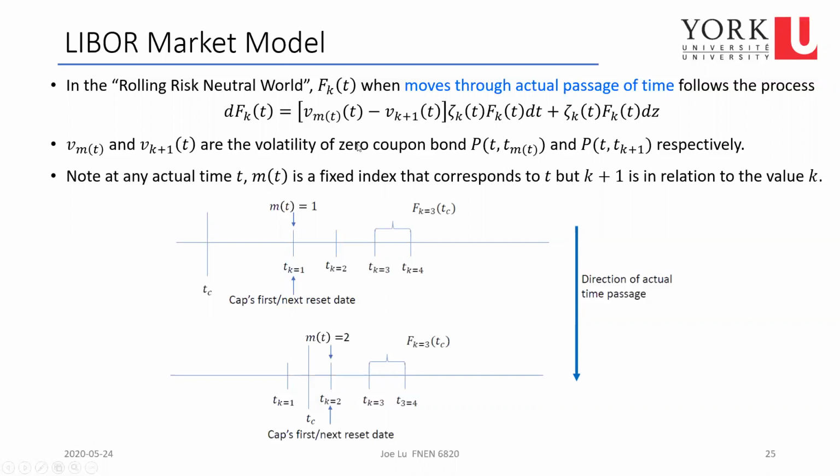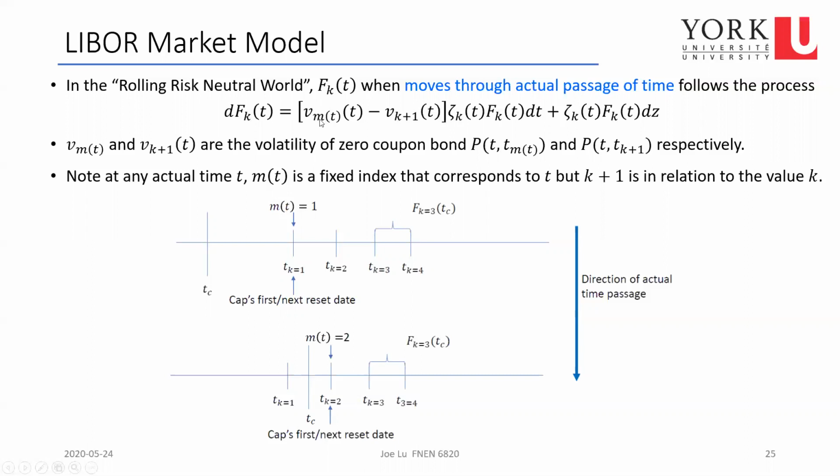Recall that this V here is the volatility of the zero coupon bonds. So this is the volatility term for the forward rate, but here the V are the volatility terms of the zero coupon bonds. This V k plus 1 is really the zero coupon bond between k plus 1 and T, and this one here is the zero coupon bond between m and T. So m depends on what number m takes.